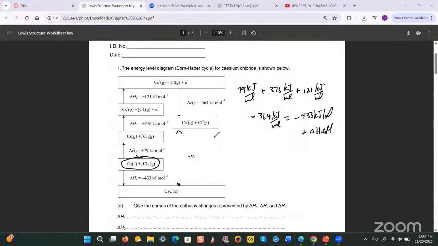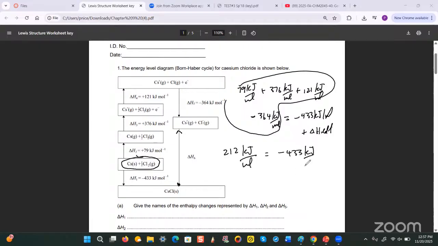So it's simpler arithmetic from here on. So what I'm going to do is add up everything on this side of the equation right here. So that would be 79 plus 376 plus 121 minus 364. And on this side, I got 212 kilojoules per mole equals minus 433 kilojoules per mole plus delta H lat.